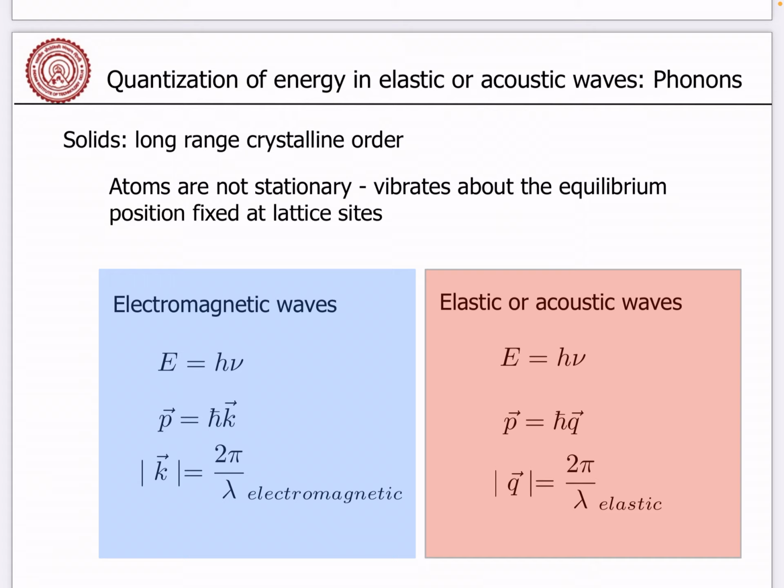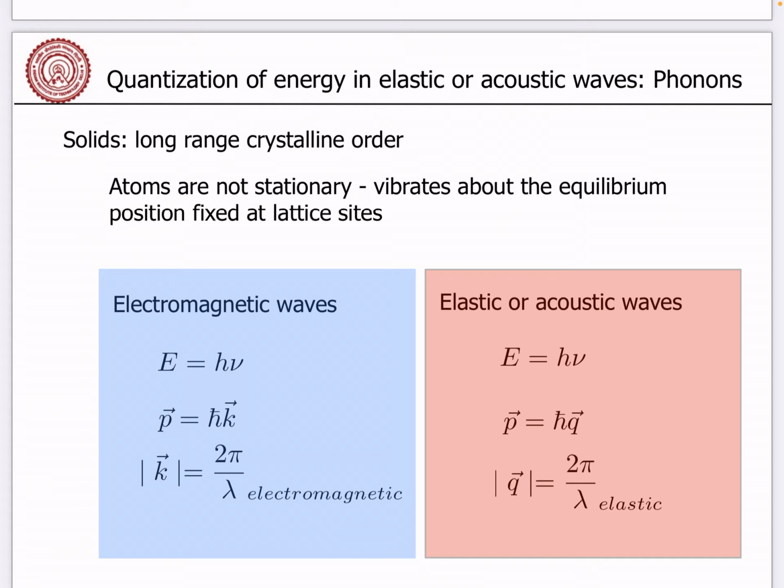Now what we are saying is that they are not stationary. We are now considering their vibration and trying to understand their physics, right? As I said, each atom at each lattice point is vibrating with a small amplitude about the equilibrium position. Okay, now this vibration leads to elastic or acoustic waves in solids.